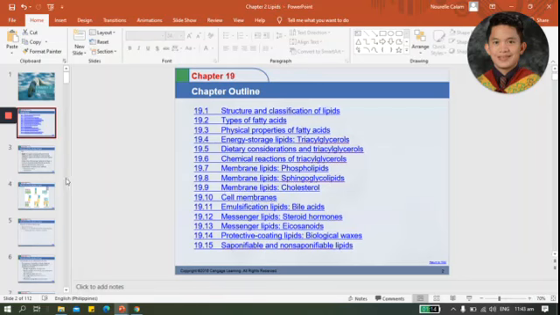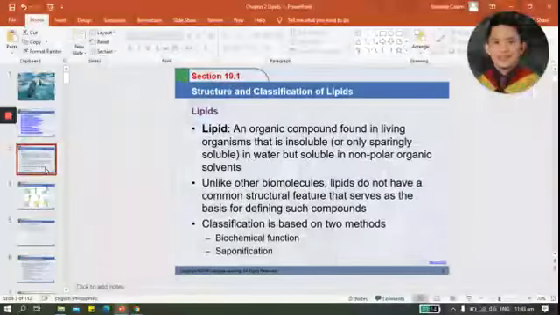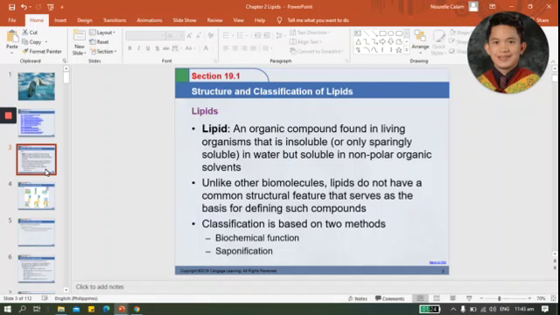So to begin with, we have here the definition for the term lipids. Lipids are organic compounds found in living organisms that, take note of this one, are insoluble or only slightly soluble in water, but soluble in nonpolar organic solvents.